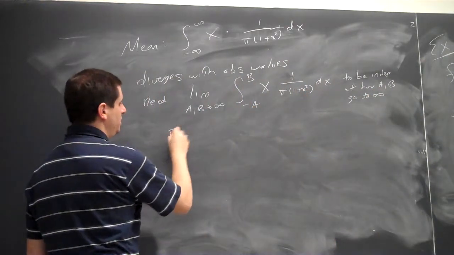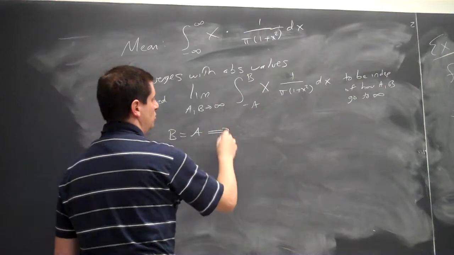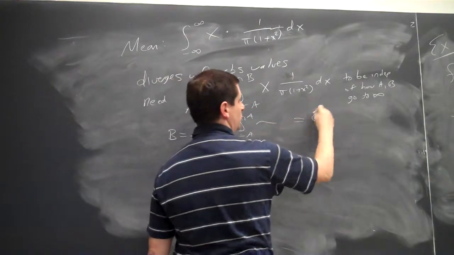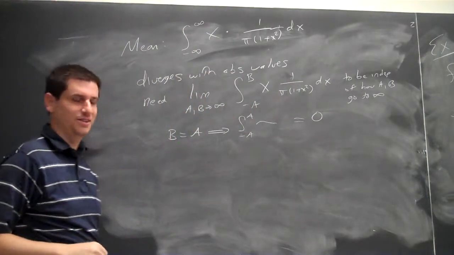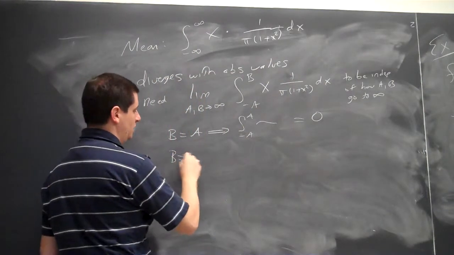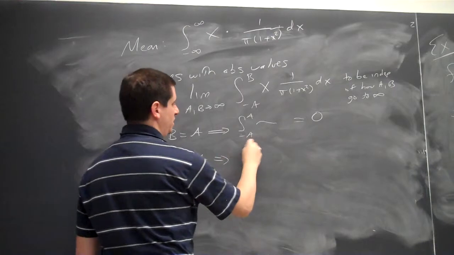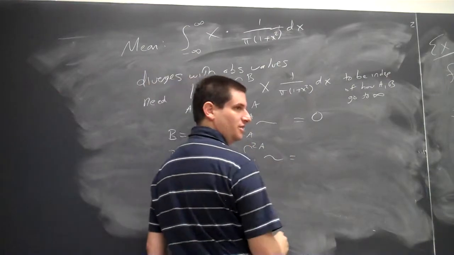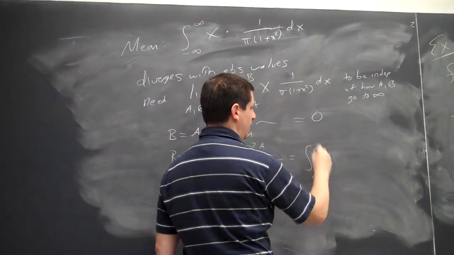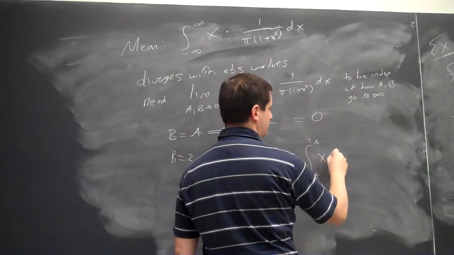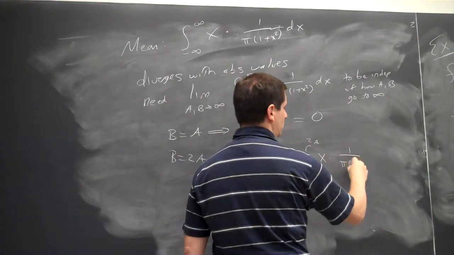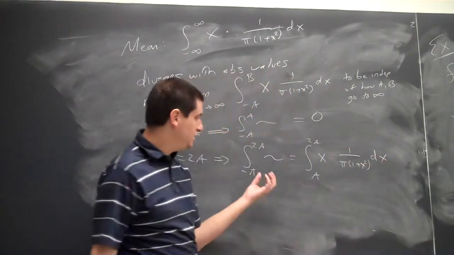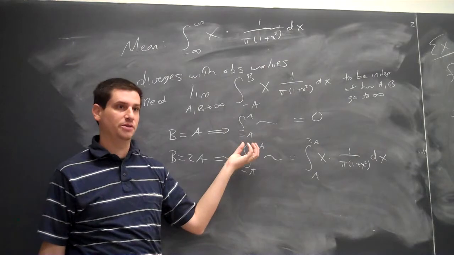So if we let b equal a, we have the integral from minus a to a, and we get 0. If we let b equal twice a, we get the integral from minus a to 2a. That's the same as the integral from a to 2a of x times 1 over pi 1 plus x squared dx, because the integral from minus a to a cancels out.